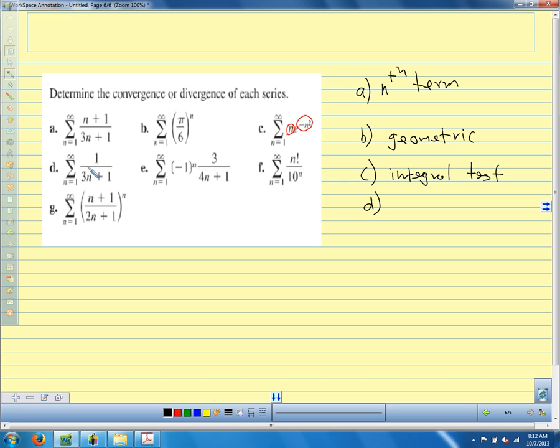If our term by term is smaller than a divergent series, does that guarantee that we diverge? No. This one goes up here, this one can do whatever it wants down here. What's our other test that we can compare series with? Limit comparison. Do the limit comparison with the harmonic series.